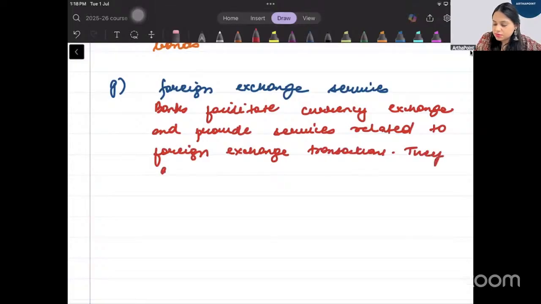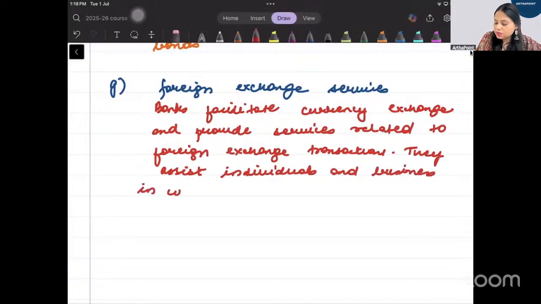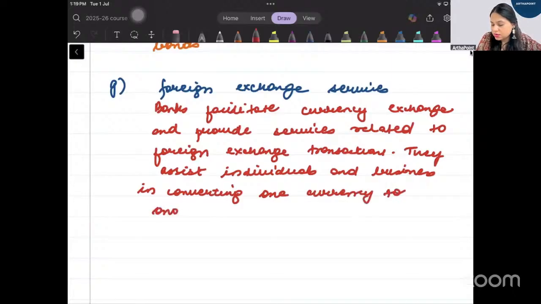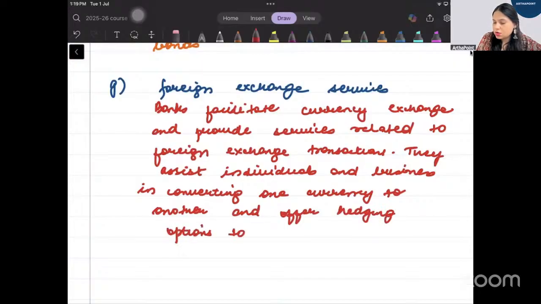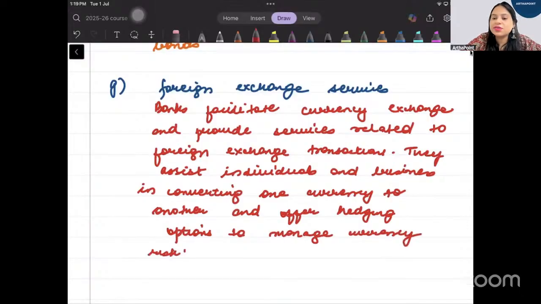They assist individuals and business in converting one currency to another and offer hedging options to manage currency risk. Right?